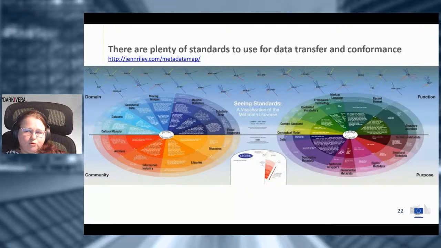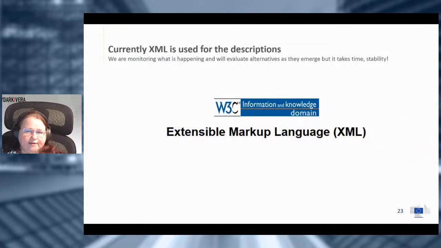And the even more common denominator is that we are currently using, for our specifications in the eArchiving building block, extensible markup language, or XML. Of course, we are open for XML perhaps not being the language in a couple of years, but so far, and what I've also heard at XML conferences, is that XML is here to stay. It's being used in more and more places, and everybody knows what it is.